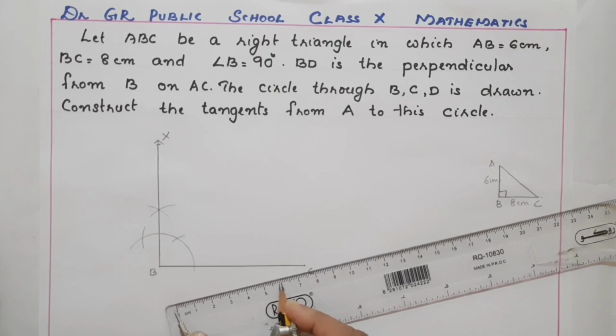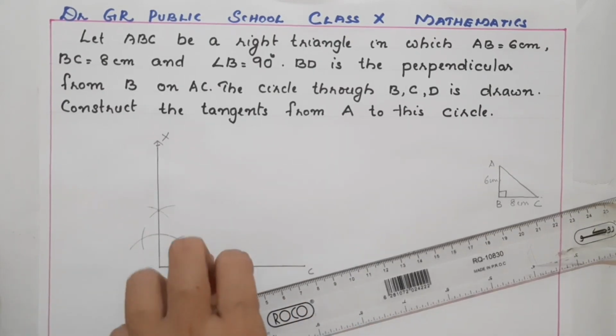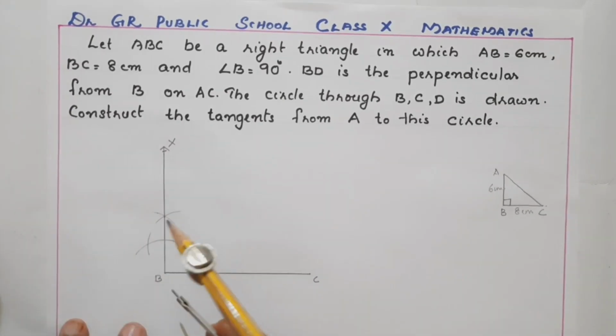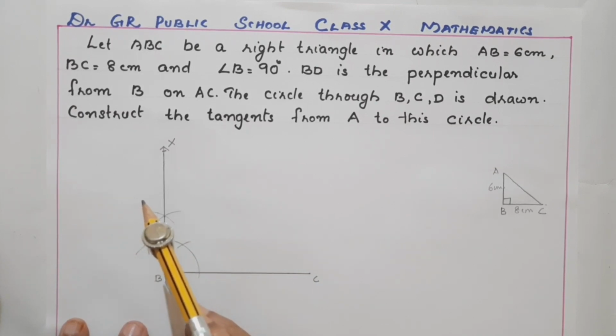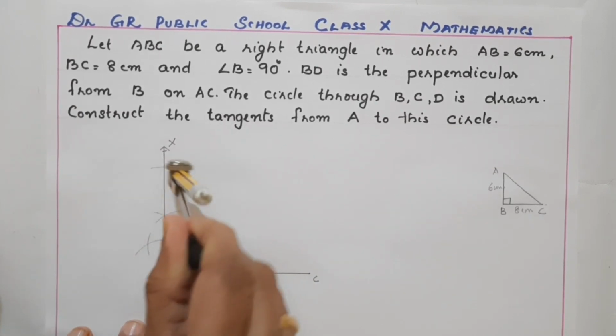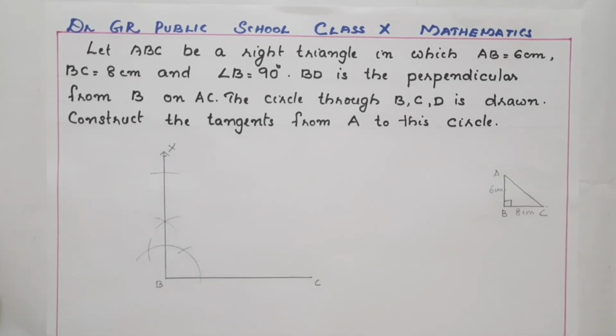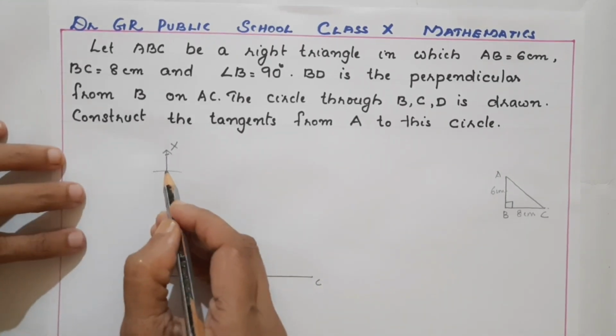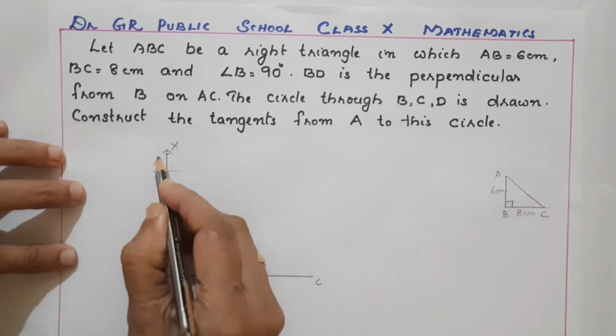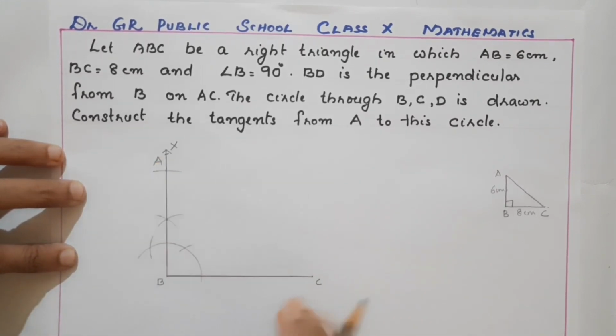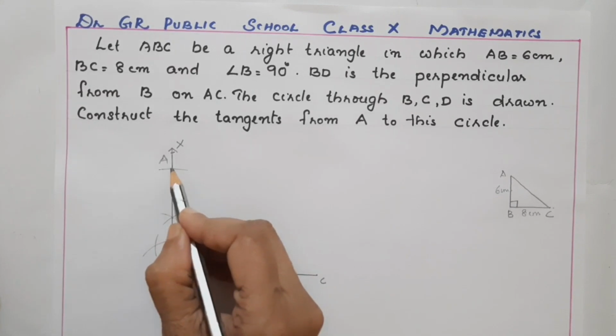Then we have to mark it on the new ray BX to get the point A. So this point represents A. Okay children, this is A.